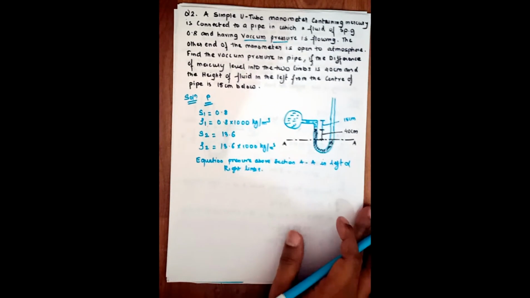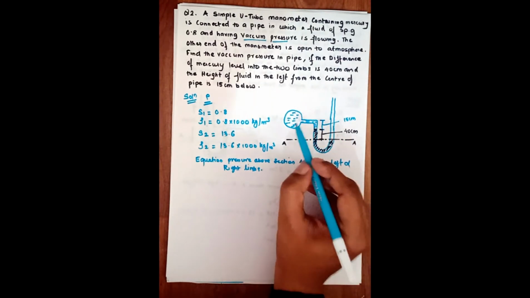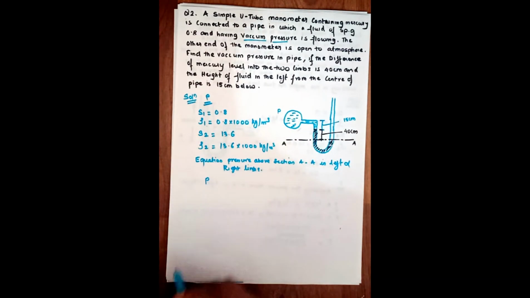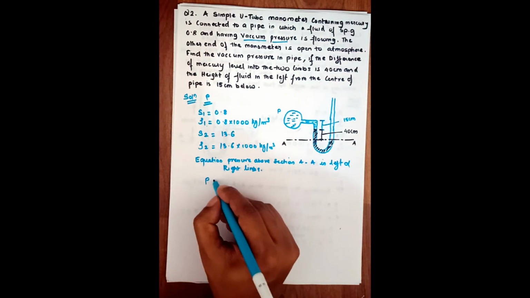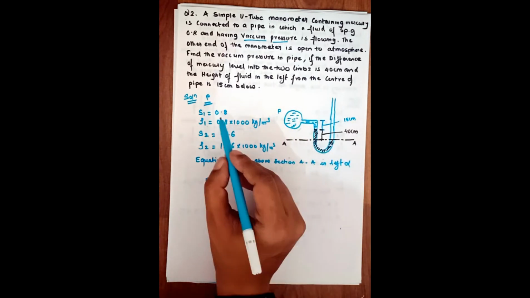So we will see what are the pressures which are coming on the left limb and on the right limb. So first we need to calculate the pressure in this. It is given as P, so directly we will write P. After that, the first liquid which is flowing in the manometer is having a specific gravity of 0.8.